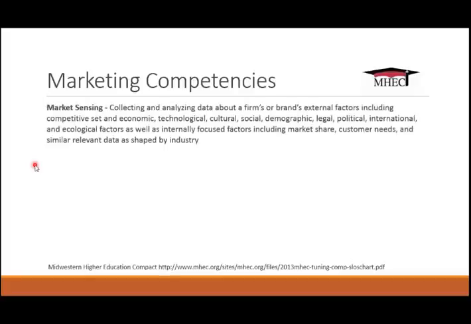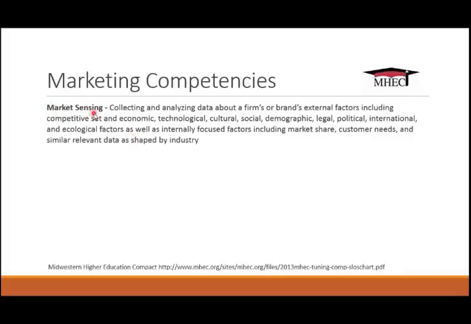The first competency identified is that of market sensing. And this basically means that marketers should be able to sense or know what's going on in their external market by collecting and analyzing data. And this means data about competitors, about the economy, about changes in technology, about changes in our society and culture and what they value, changes in demographic trends, changes in our legal and political environment, as well as international and ecological factors.